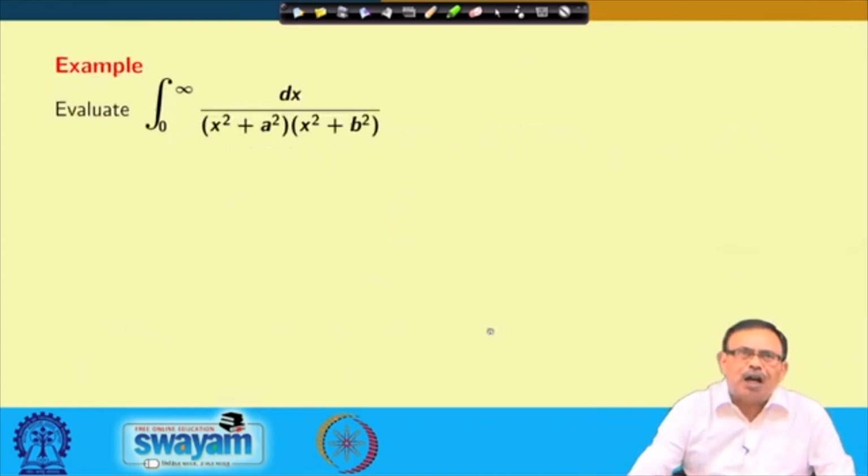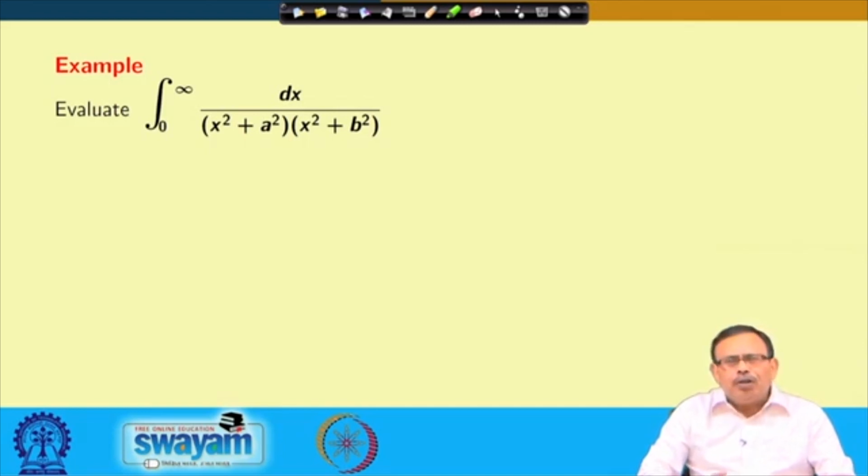Now, let us see the application of this. The first example is, I want to evaluate this integral 0 to infinity dx by (x square plus a square) into (x square plus b square).